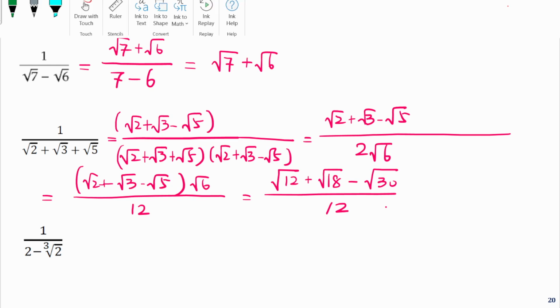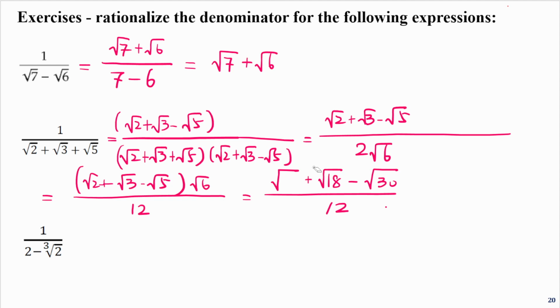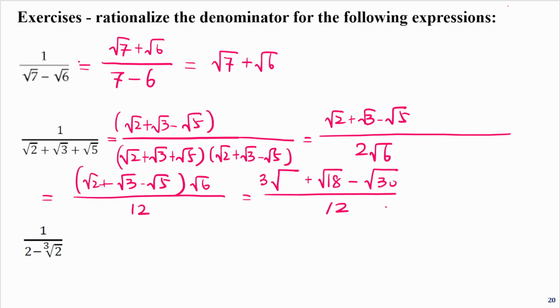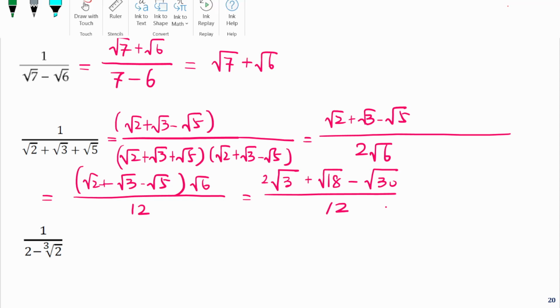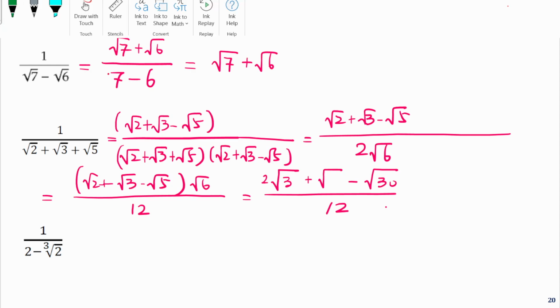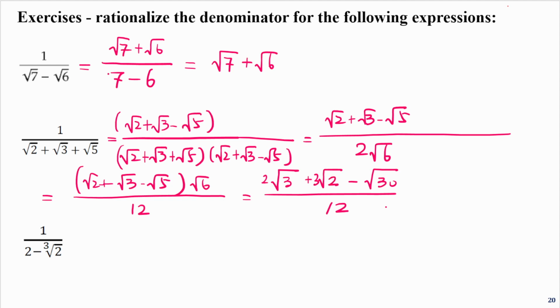And of course we can simplify that further. Square root 12 is 2 square root 3. Square root 18 is 3 square root 2. Then minus square root 30 over 12, right? And then denominator is rationalized. How about the last one?